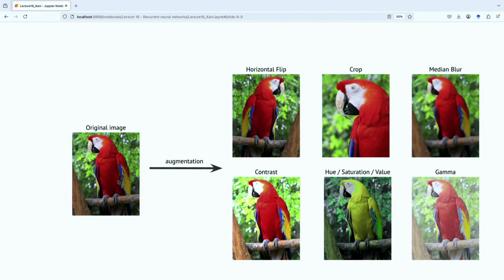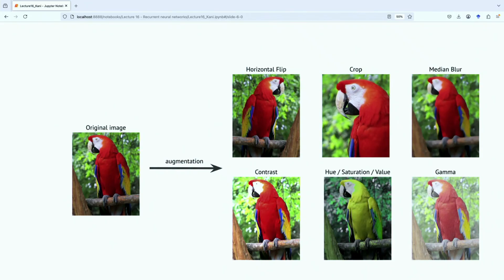It will learn other features of what a parrot is. For instance, we could crop the image so that whereas before we see the parrot's full body and feet, now we only see the parrot's face. So instead of the model seeing a branch or the feet and identifying that this is a parrot because it has a certain type of foot shape, now it has to learn that parrots have this sort of beak shape. That becomes a new feature that some particular convolutional filter will identify.